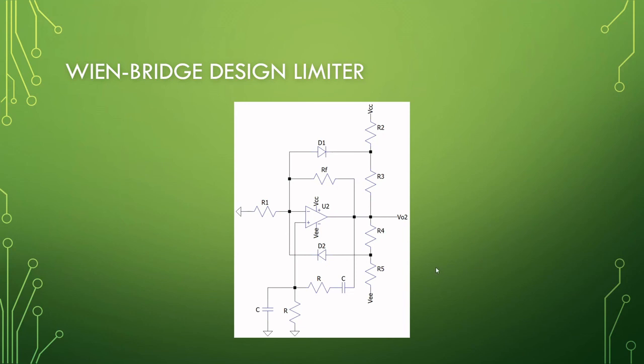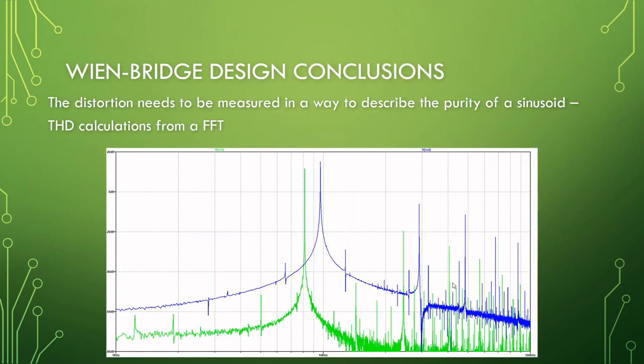So a basic circuit with automatic gain control or a limiter, we will discuss that in a follow-up video. And then a comparison of the two signals.